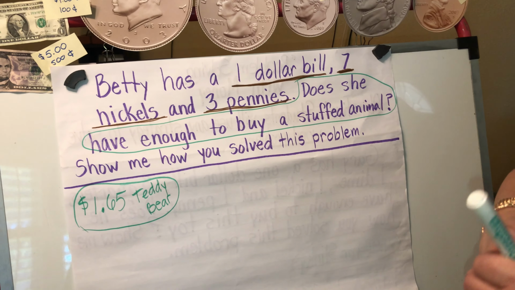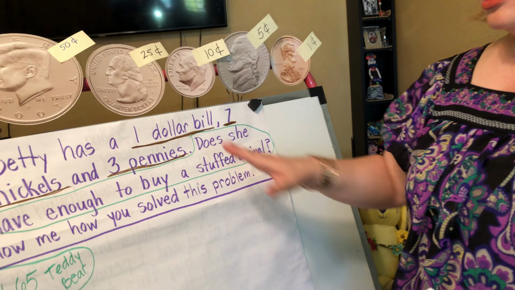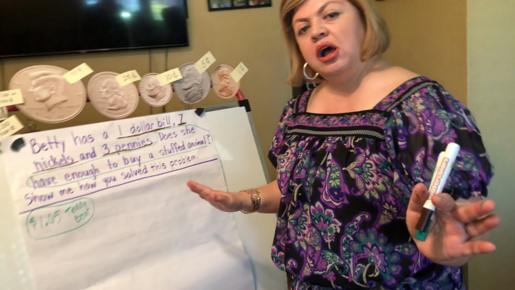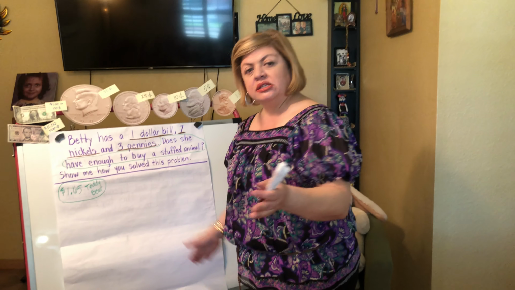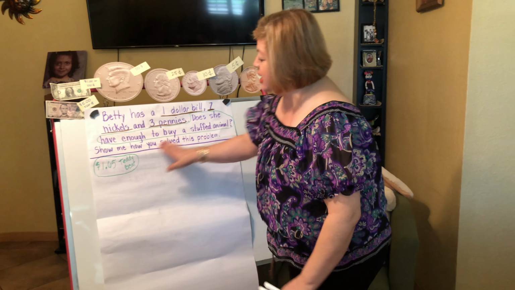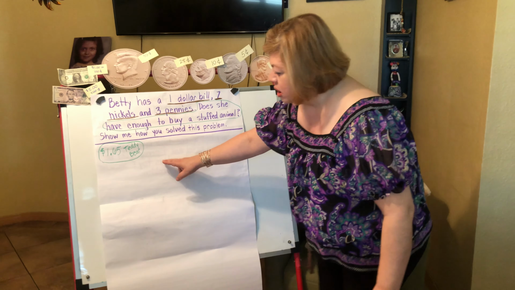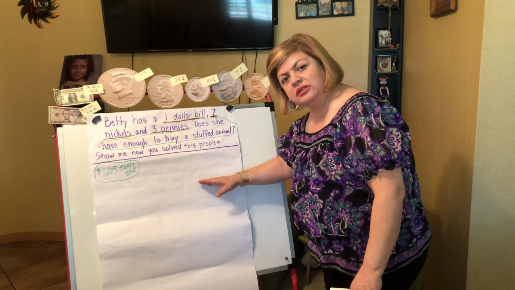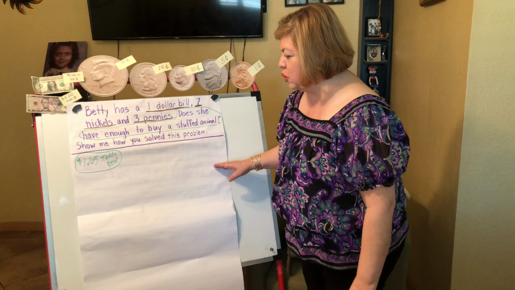Now, I'm not going to complete the rest for you. I would like you to complete it. So you could solve it any way you would like. But if you want to solve it the way we've been practicing, you would draw your dollar bills. You would draw your coins in order from greatest to least value.